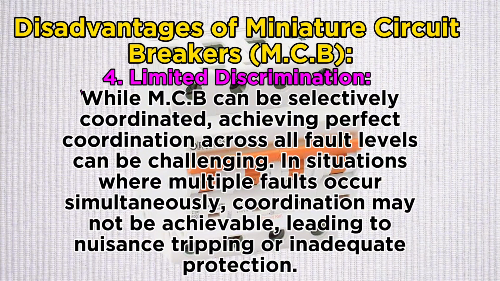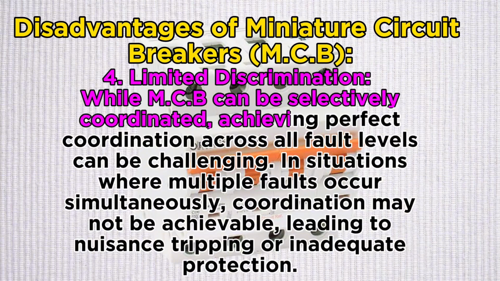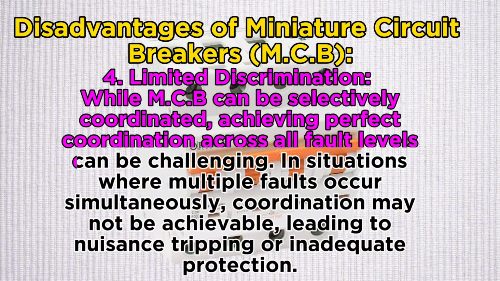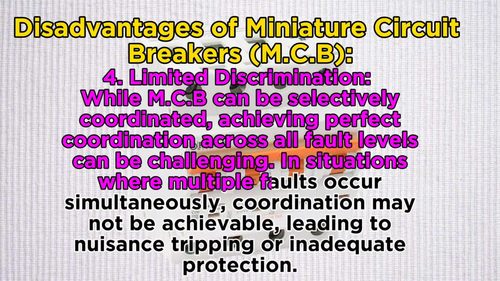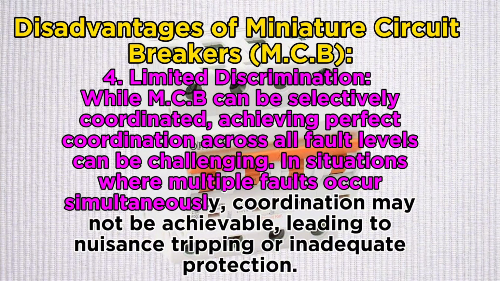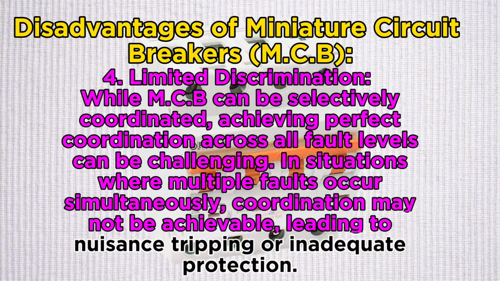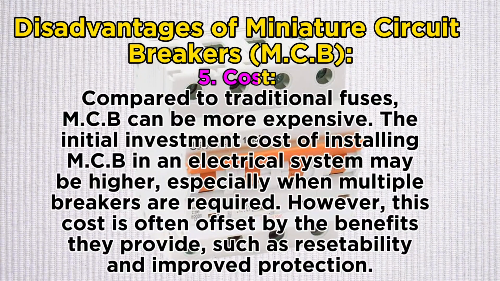4. Limited discrimination. While MCBs can be selectively coordinated, achieving perfect coordination across all fault levels can be challenging in situations where multiple faults occur simultaneously. Coordination may not be achievable, leading to nuisance tripping or inadequate protection. 5.